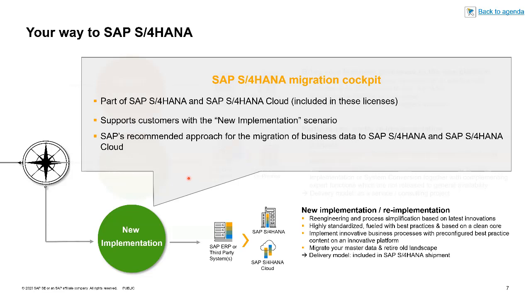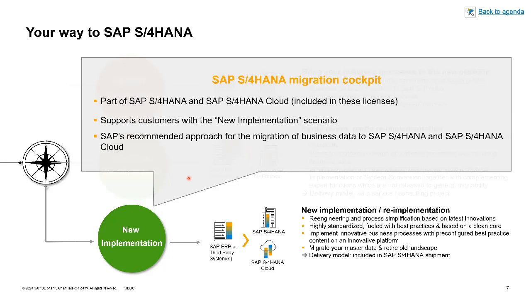And the third scenario we have is a new implementation scenario. Now you have the chance to completely restart with new processes, with a re-engineered process. You can use best practice content provided by SAP.